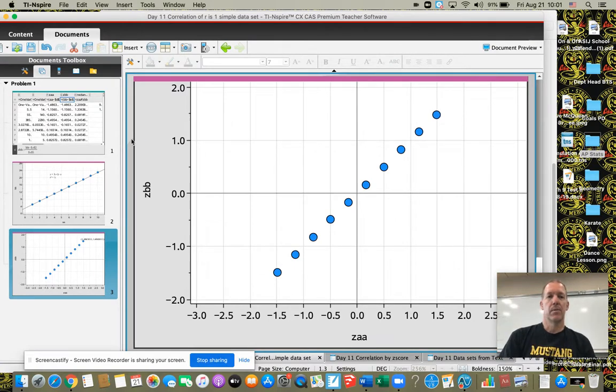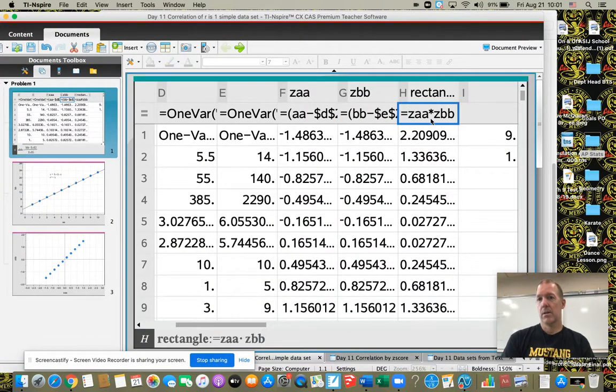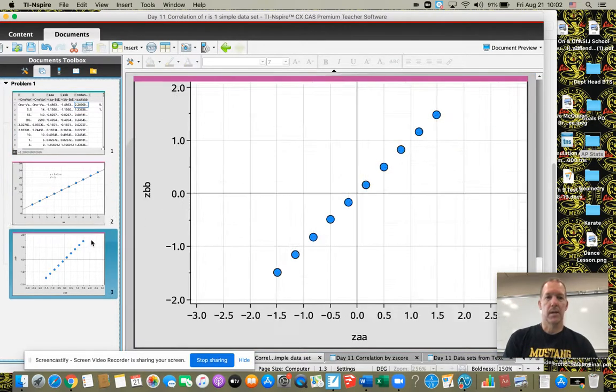And then the next step for R is to take all your z-scores in the X list and all the z-scores in the Y list and multiply them together. So actually what you're making is a bunch of rectangles. So here I would be taking, like this point would be 0.165 times 0.165 and getting a rectangle down in here.